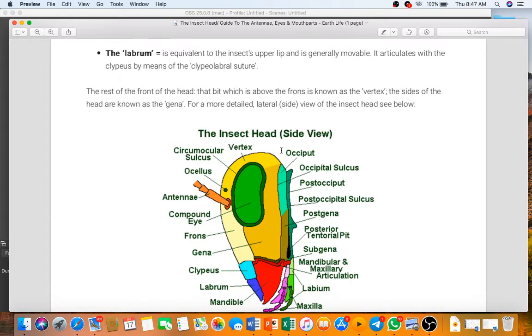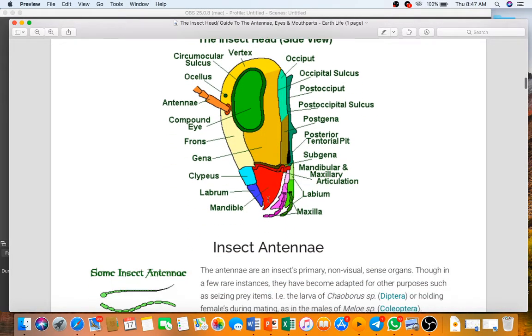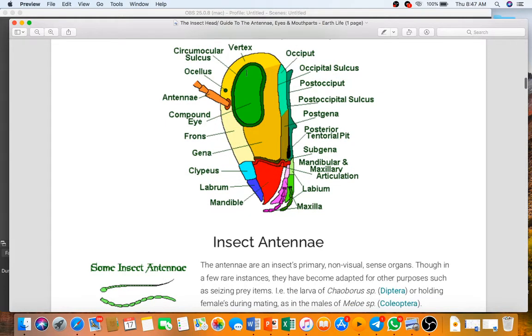Now coming to side view of insect, we can see that in vertex region, compound eye is present and ocellus is present.